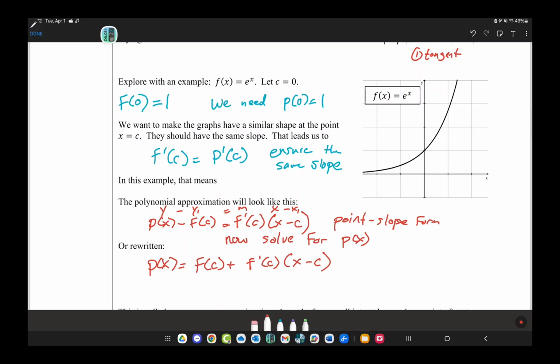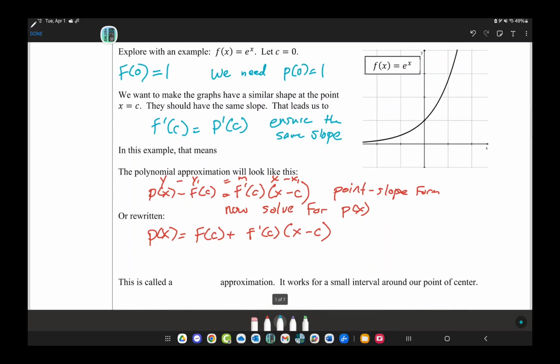Now, what do we know c is? In this case, we know c is 0. So p of x is equal to f of 0 plus f prime of 0 times x minus 0.